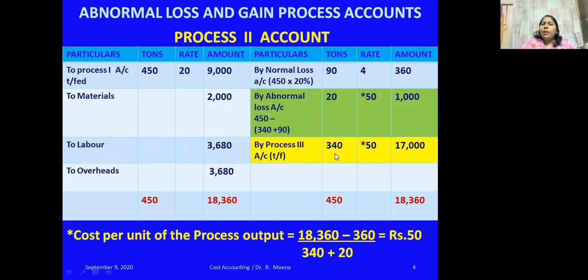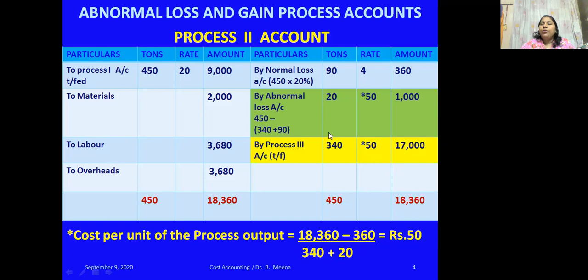So 340 plus 90 comes to 430. The calculation gives 430 out of the input of 450, so what could be the abnormal loss? 20 is the abnormal loss. So I calculated the abnormal loss as 20, and 340 is the output.